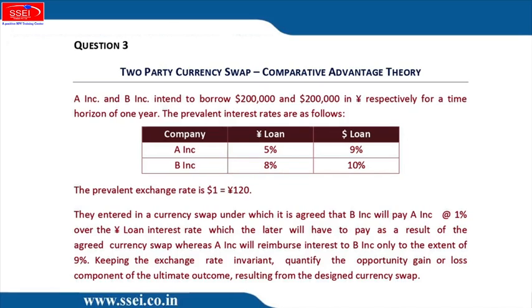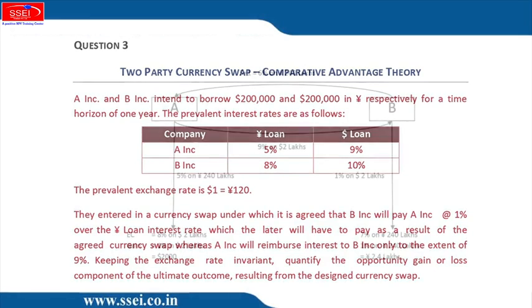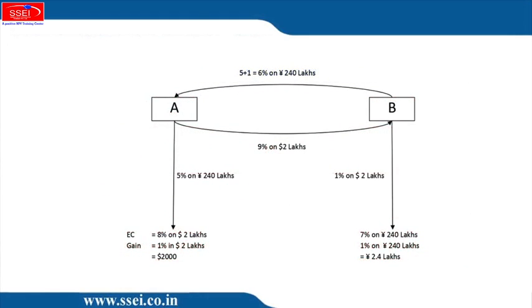Perfect. Keeping the exchange rate invariant, quantify the opportunity gain or loss component of the ultimate outcome resulting from the designed currency swap. Okay, perfect. So if you look at this graph which is given to you, A has borrowed at 5% on 240 lakh yen, which he has to pay. B has borrowed $2 lakh, he has to pay 10%, that's step 1.